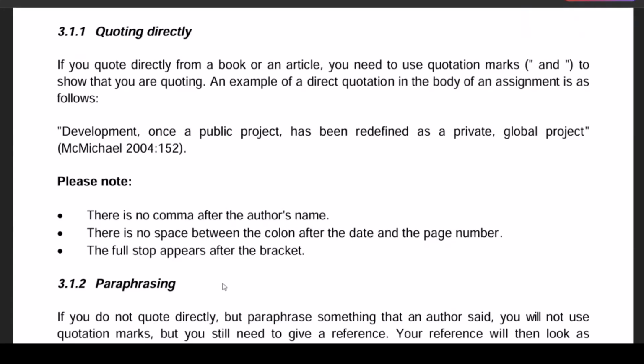And then there is no space between the colon after the date and the page number. So you see these are technical requirements. They add up to your assignment. If your lecturer sees that you didn't follow these simple technical requirements, they're going to give you less marks.